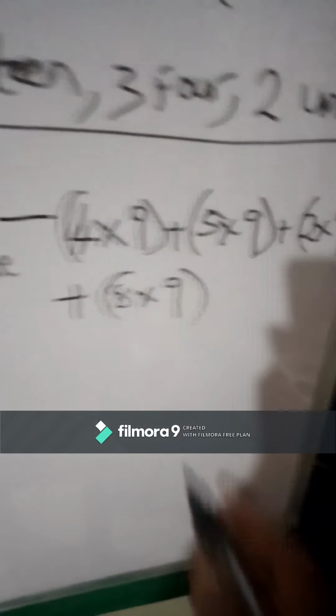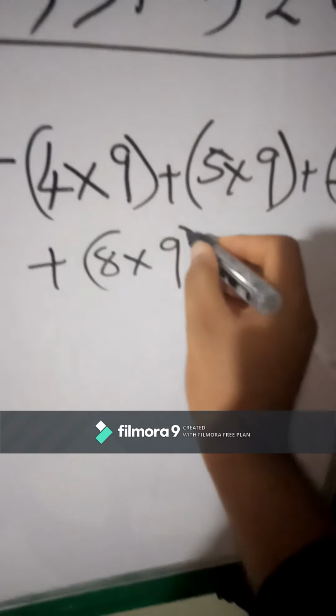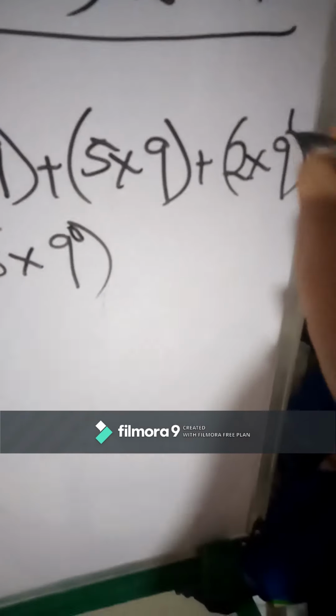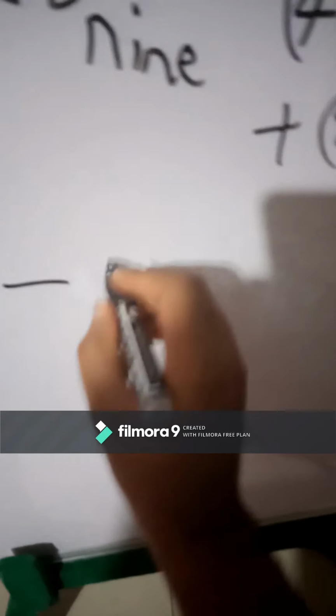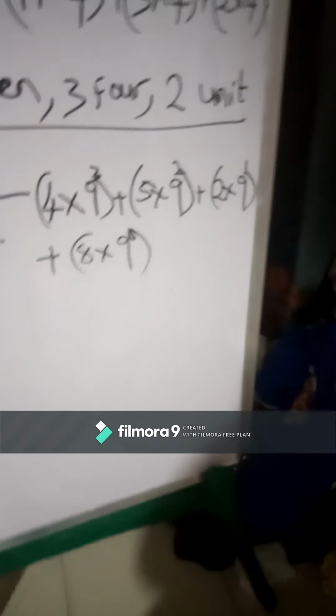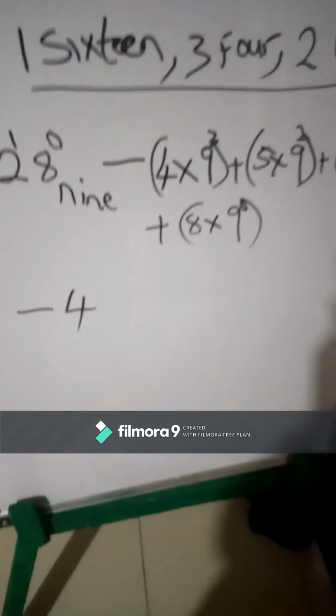So let's introduce the powers here. The 8 has 9 to power 0, 9 power 1, power 2 and power 3. So let's expand. This will give me 4. 9 to power 3 means 9 times 9 times 9. If you are going to do that, you can punch your calculator quickly.